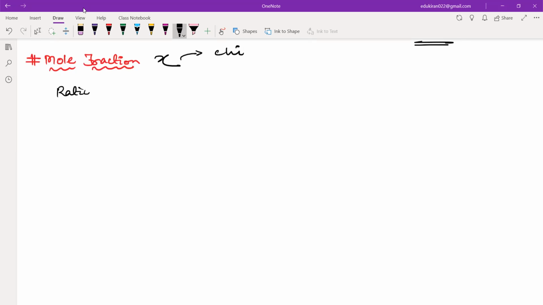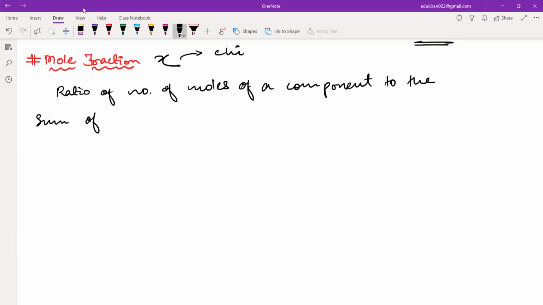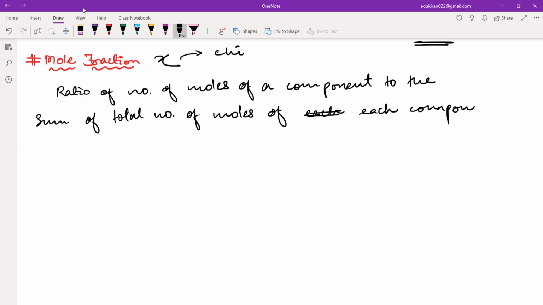It is the ratio of the number of moles of a component to the sum of the total number of moles of each component.